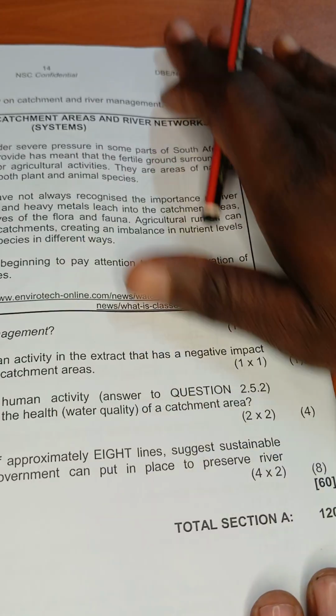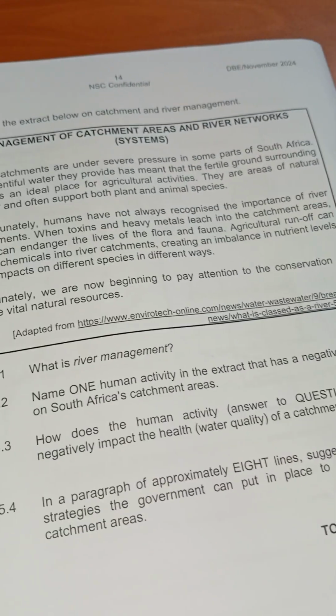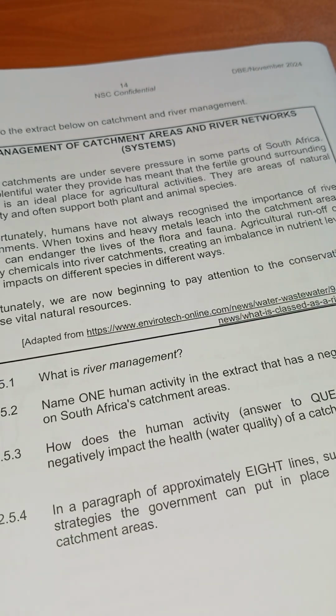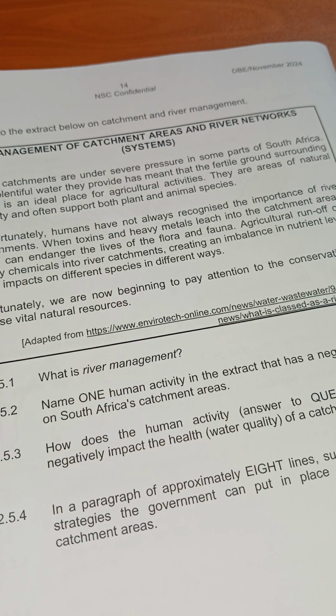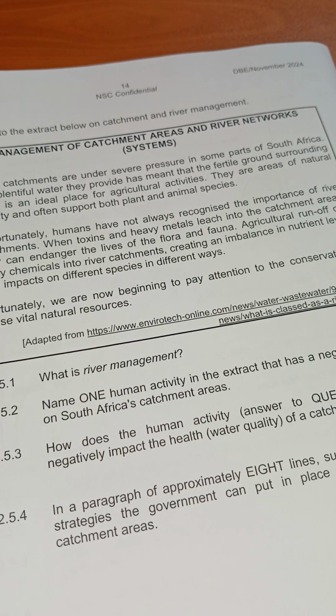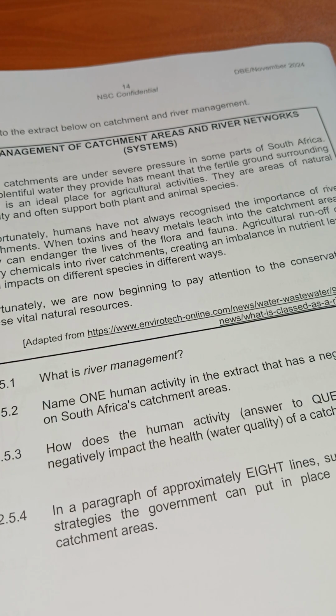That is your 2.5. Extract: refer to the extract below on catchment and river management. I'm going to read. River catchments are under severe pressure in some parts of South Africa. The plentiful water they provide means that the fertile ground surrounding them is an ideal place for agricultural activities. They are areas of natural beauty and often support both plant and animal species.